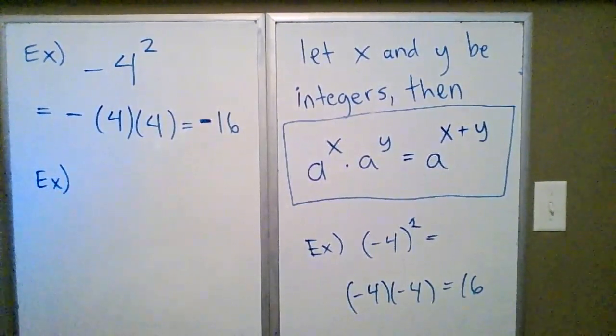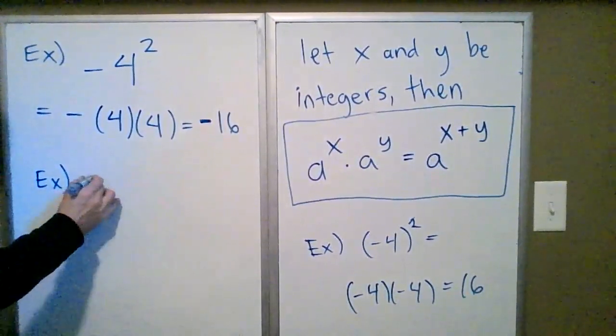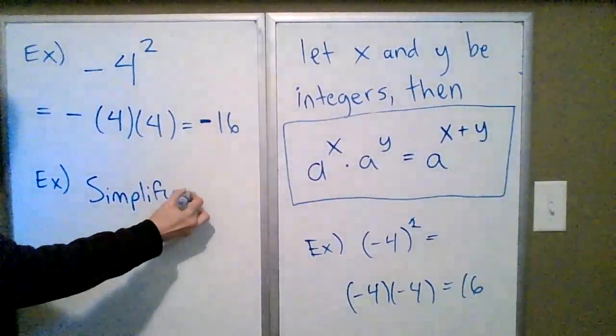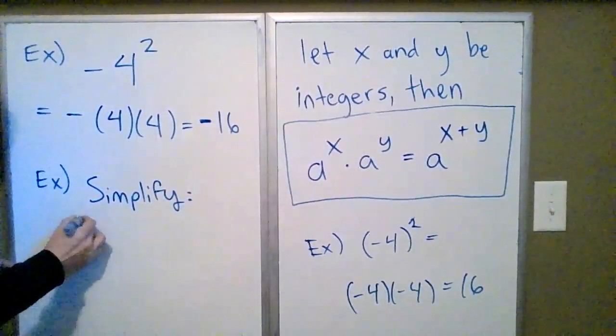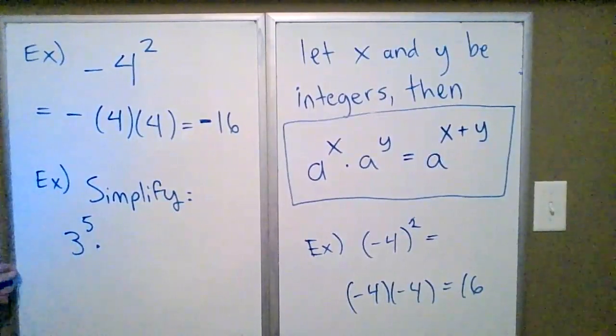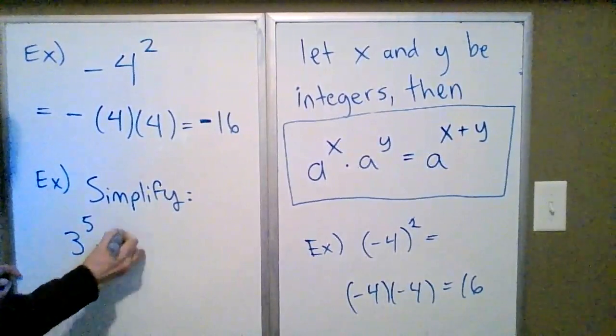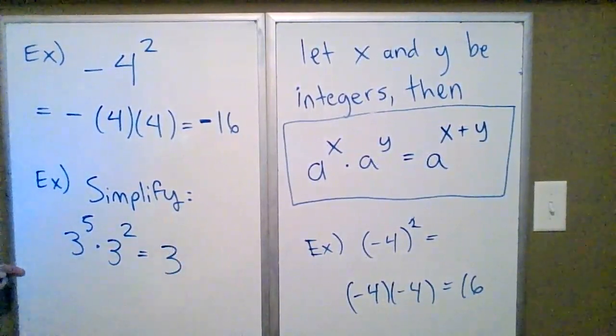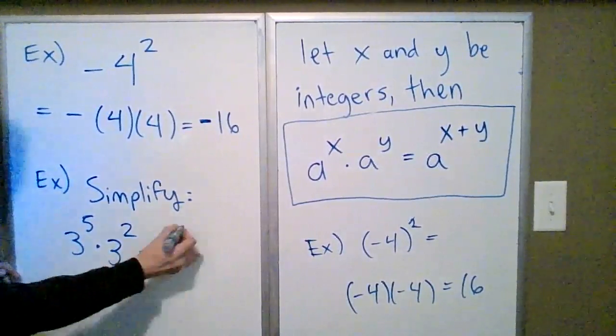Let's multiply 3 to the 5th with 3 squared. Base 3, power of 5 plus 2.